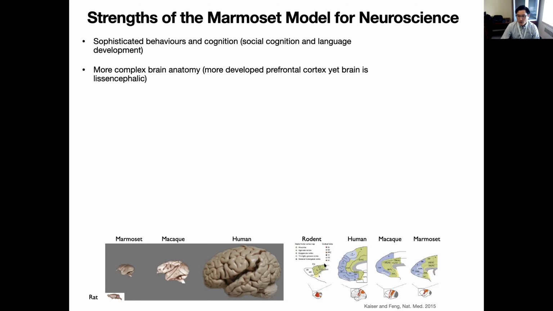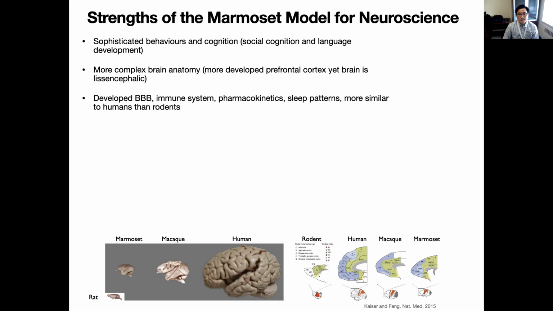The rodent cortex is organized in quite a different way and does not have as much representation. The marmoset prefrontal cortex is much more developed, and researchers have been able to go in and try to understand how it might be compartmentalized in a different way and be more relatable to the human and, say, macaque prefrontal cortex.